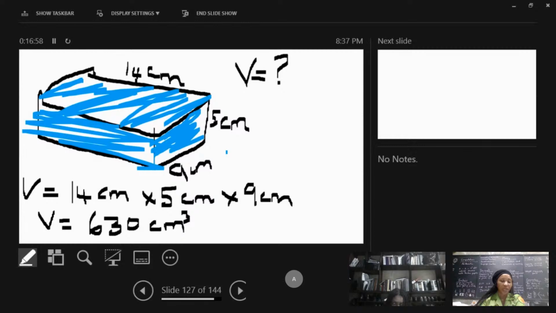So area means how much space is on the flat surface of the thing. But the volume, otherwise called capacity, tells you how much substance you can fill into every space of that thing. So the volume of the box is how much material it can hold inside, from the bottom straight up to the brim.